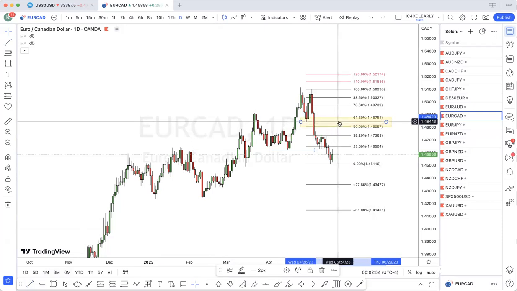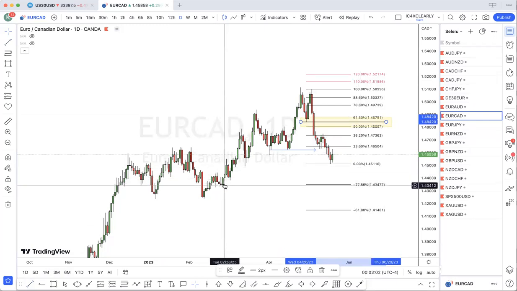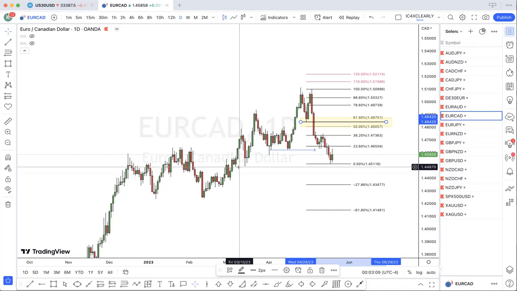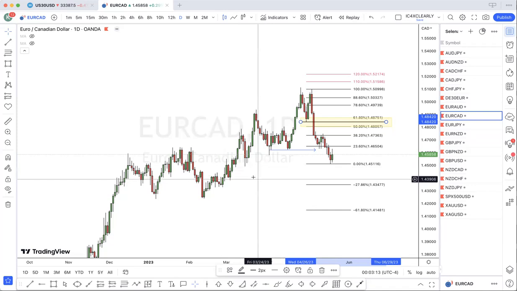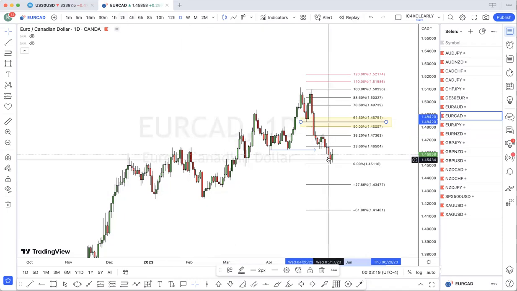To continue selling at least to the negative 27, which is at an order block. There's a little imbalance there. And I'm sure on a smaller time frame, I can find a little more imbalance.